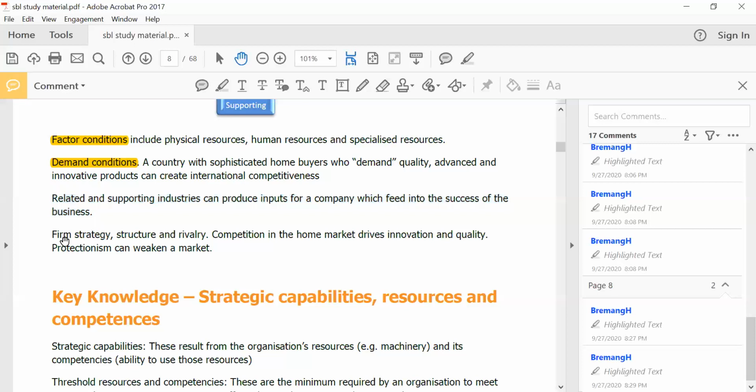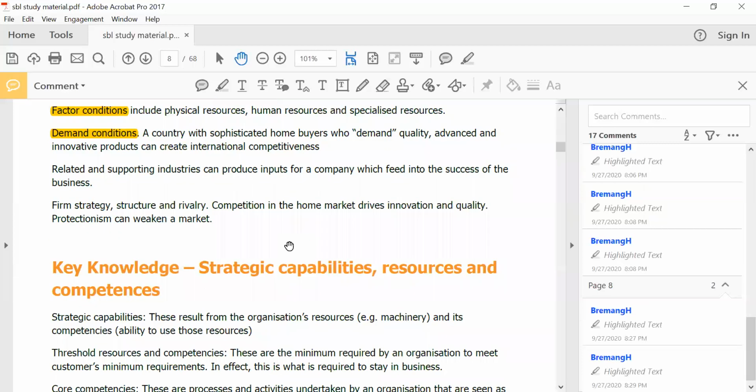The last one is firm strategy, structure, and rivalry. We are saying that competition in the home market drives innovation and quality. Protectionism can weaken a market. So firm strategy, structure, and rivalry, that is competition, can also affect the company's competitiveness.